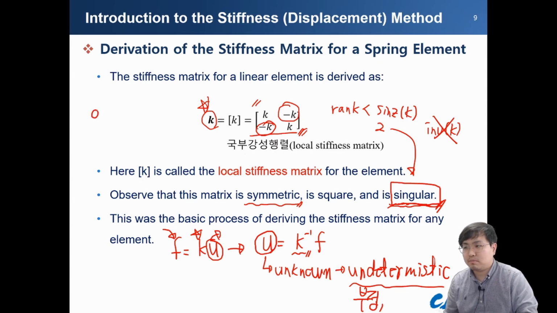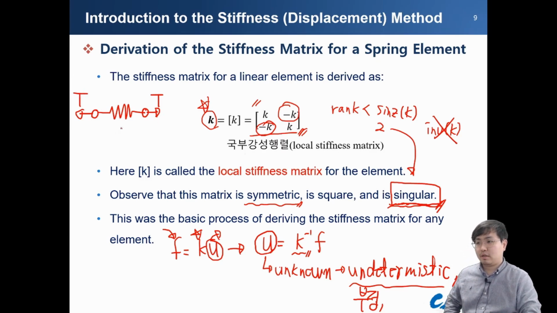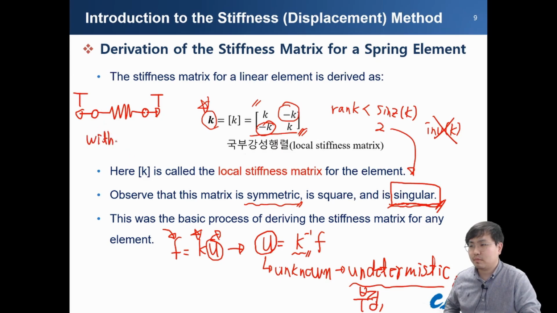Let's assume some spring element again. I applied T. However, due to the reaction T, my first question is whether this spring element is fixed at a specific point or can translate anywhere without boundary conditions.